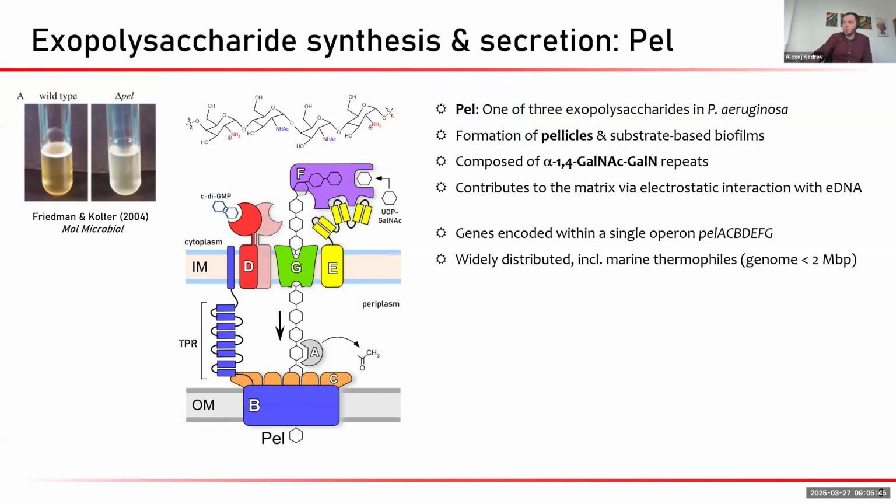So that's a drawing of the machinery. The inner membrane complex would have a synthase, some regulatory subunits, and surely a transporter in the membrane. Then the polysaccharide goes through the periplasm, gets partially functionalized, and then should be exported via a barrel, presumably in the outer membrane.